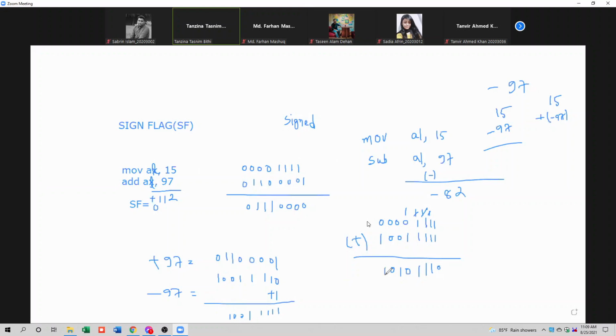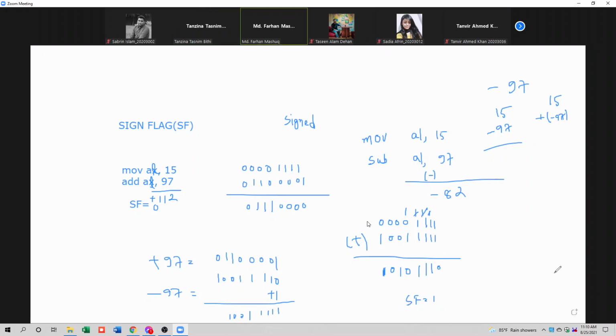Now look at the result. 1, 0, 1, 0, 1, 1, 1, 0. Look at your most significant bit. Now the most significant bit is 1. That means the result we got is actually a negative number, right? So at that time, the sign flag register will be 1. Clear?